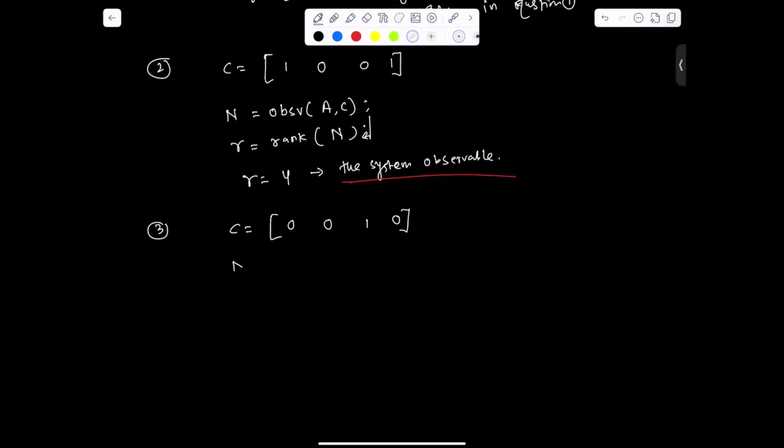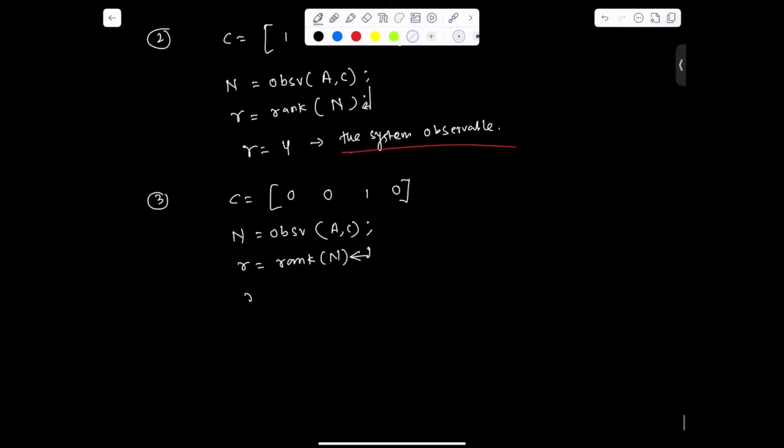And similarly, you can find the observability matrix OB, with A, C, and we can find the rank of it. If you enter it, it is found to be 2. So only two states we can estimate from the observer. So the system is not fully observable, not observable.